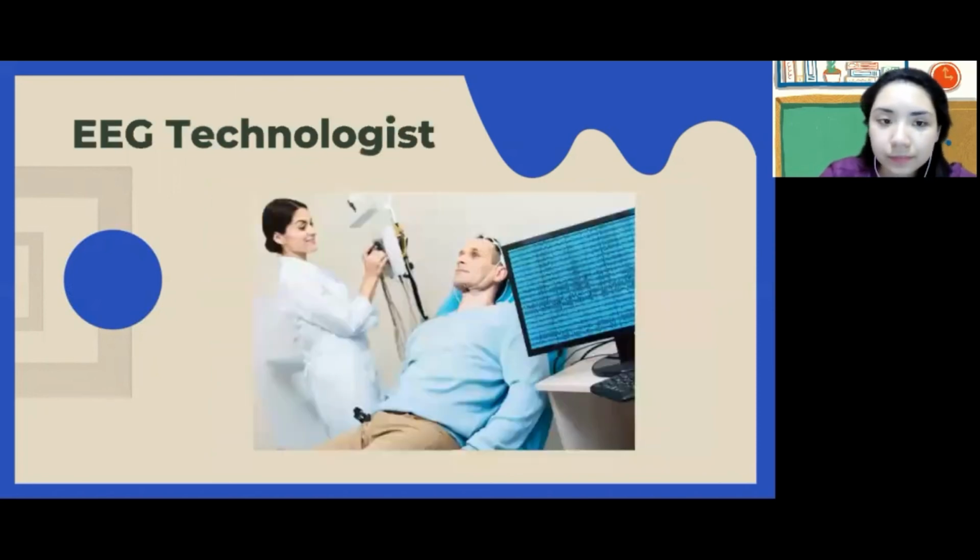So, we also have the EEG technologist. So they are a trained medical professional who uses specialized equipment such as the EEG to locate brain abnormalities. So kana dapat na-see ang mga brain waves and how the child's brain functioning is, so that we could identify ang main problem.